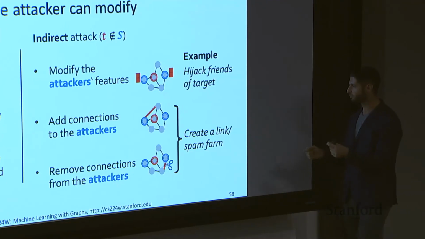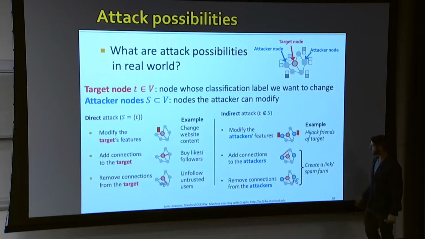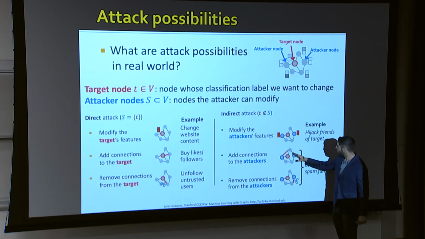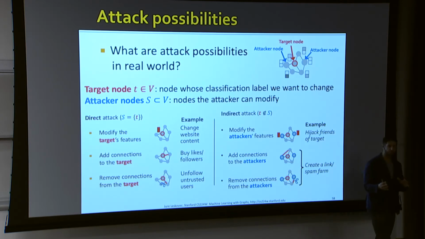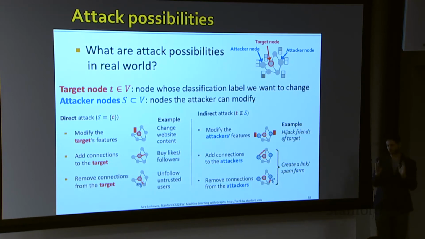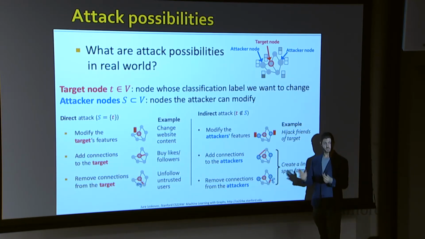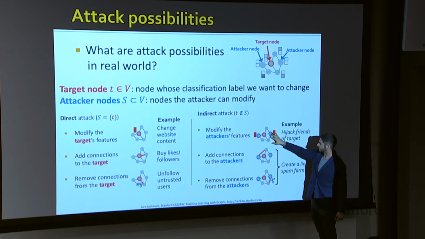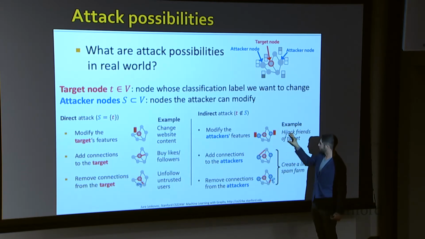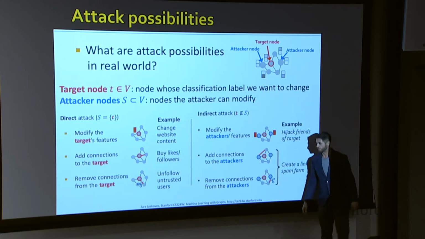We can add and remove edges, we can change features, and if you think about it, this is very similar to the example I gave at the end of the node classification lecture, where we talked about how you can generate a set of trusted users, untrusted users, and then a population of proxy users that try to fool the system so that the malicious users are not detected. This is pretty much the same scenario here, where our attacker nodes can decide if they want to expose malicious features or not, and if they want to be connected to our target node or not, and so forth.